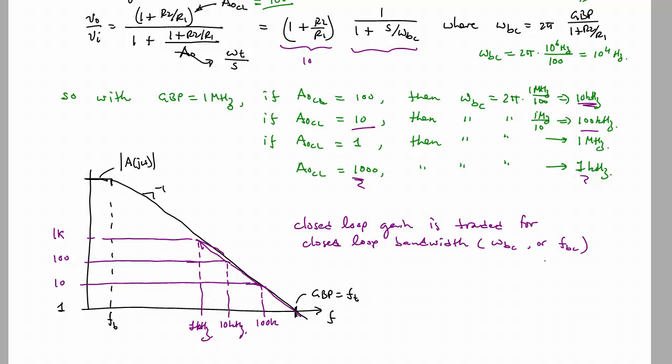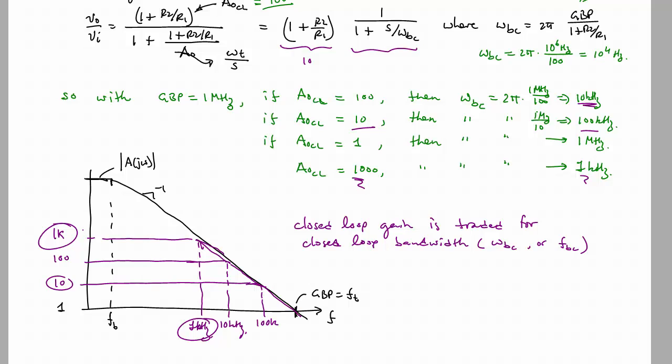Okay, so if you want more gain, such as 1,000 here, you're not going to get as much bandwidth in your amplifier. However, if you don't need the gain, say you only want a gain of 10, you traded a factor of 100 in closed loop gain, you gain a factor of 100 in closed loop bandwidth.